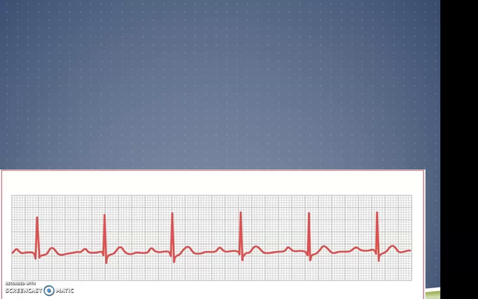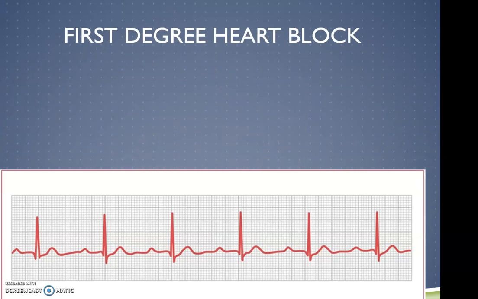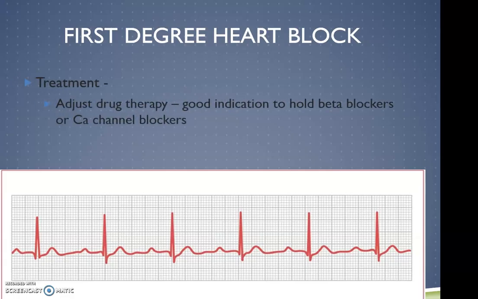But then you measure your PR interval, from here to about here, and it's a good 0.32 to 0.36, definitely greater than 0.20. So that's why it's important to know how to count your intervals, or otherwise you would not be able to discern a sinus rhythm from a first degree block.